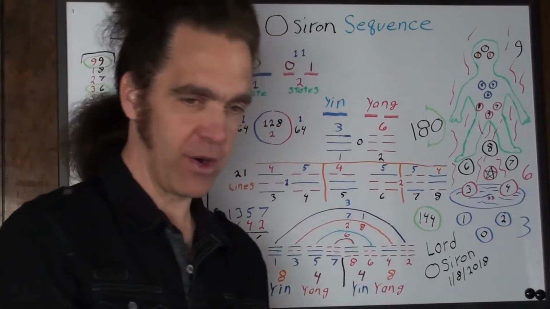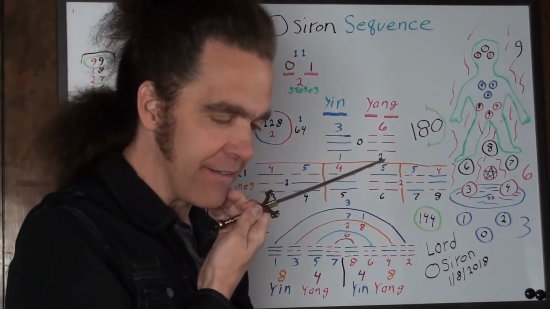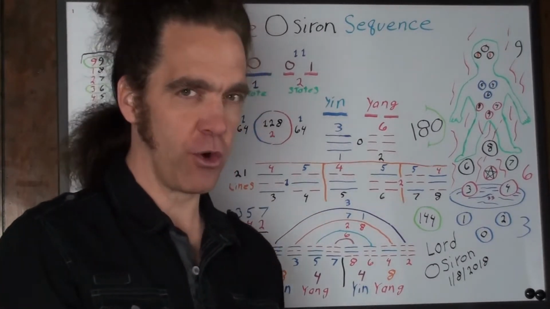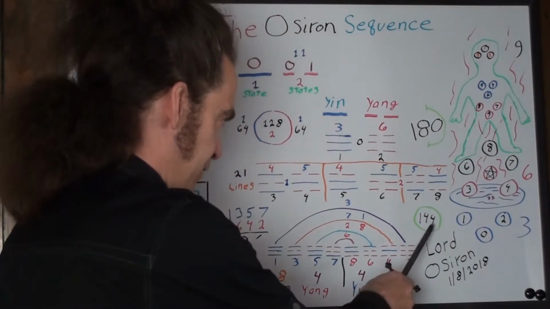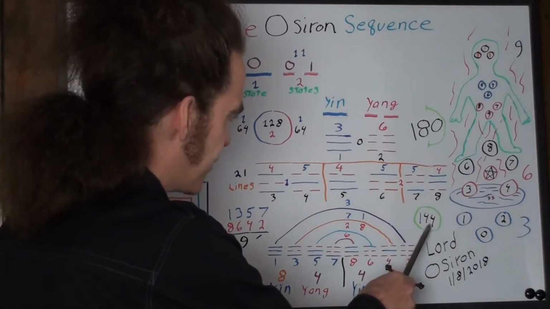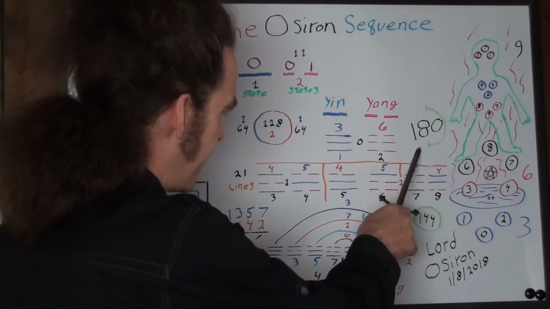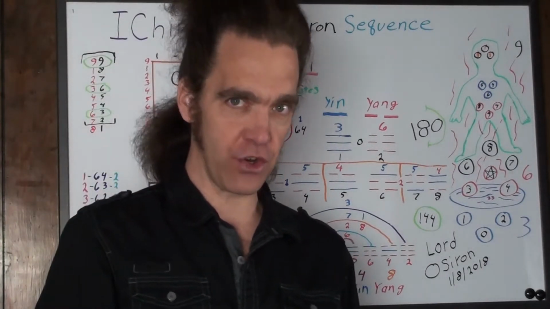And I have videos about the 144 sequence. The spiraling serpent of Lord Osiron deals with that, and how that's a very important number, 144. But then if you add 36 to this 144, it gives you 180. And of course, 180 is half of a circle in degrees.